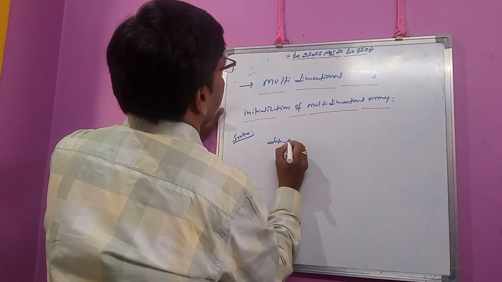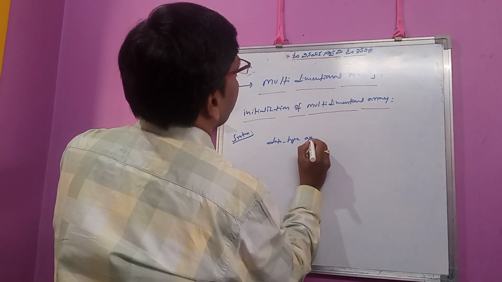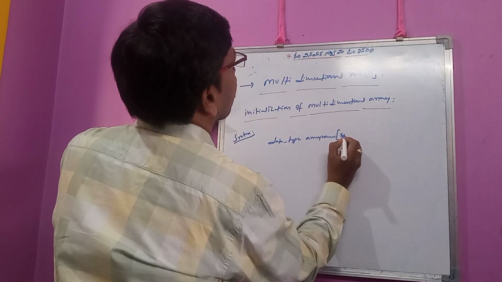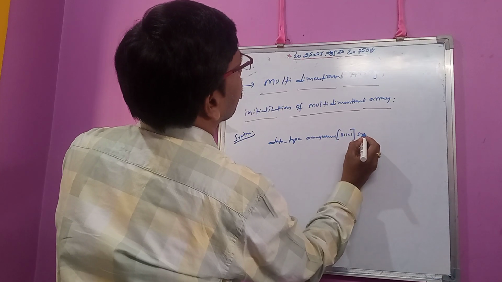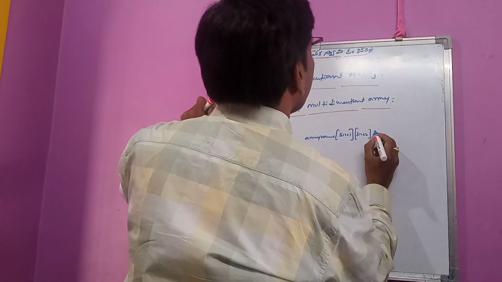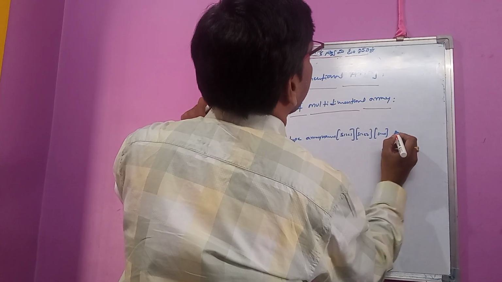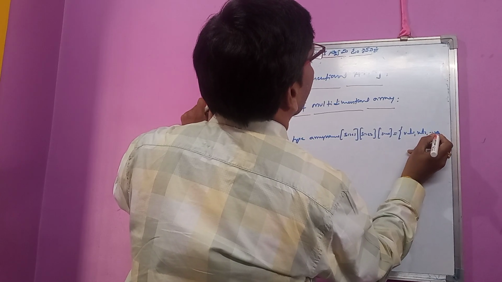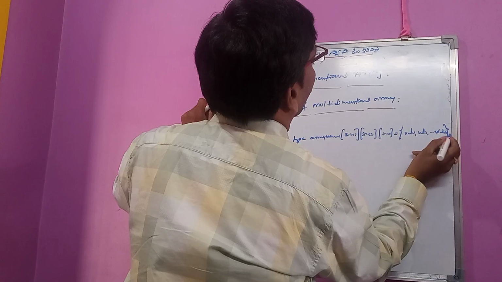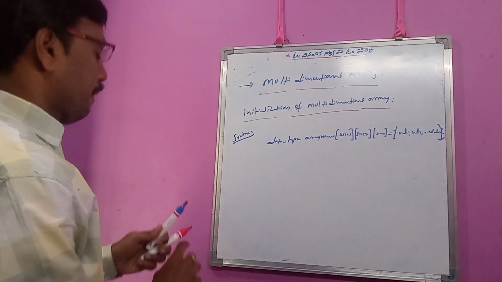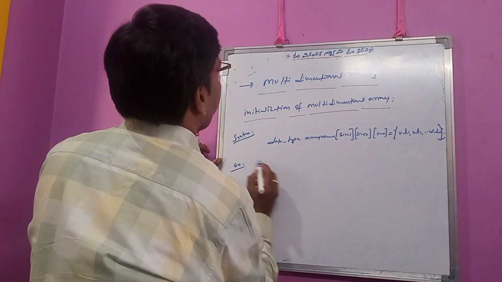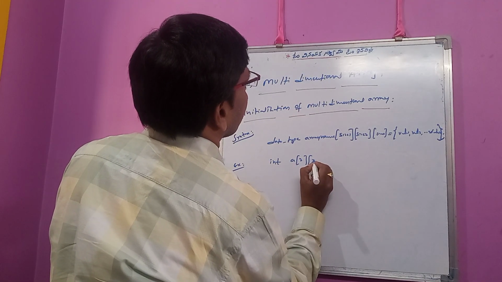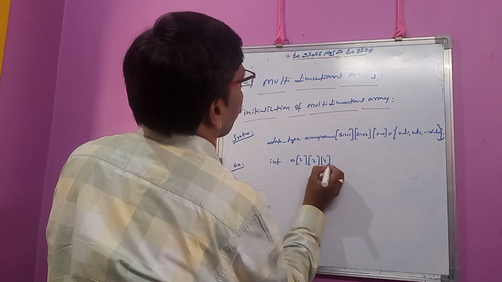Data type, space, array name, size 1, size 2, size n equal to value 1, value 2, value n, close the semicolon.